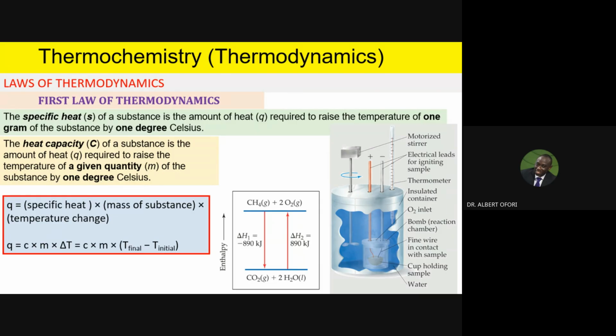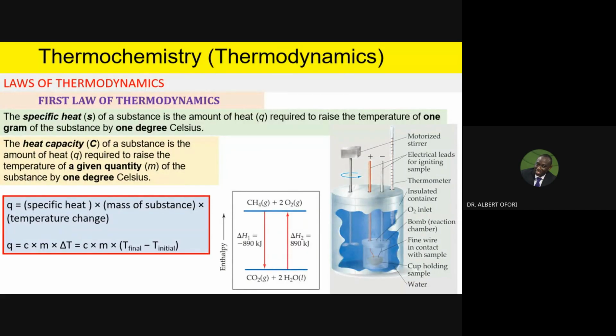Again, to measure heat, we should understand that there are going to be changes in temperature because there's going to be a heat flow. So now we introduce a concept which describes heat flow and temperature. We should understand that they are not the same. Heat flow is not the same as temperature change.